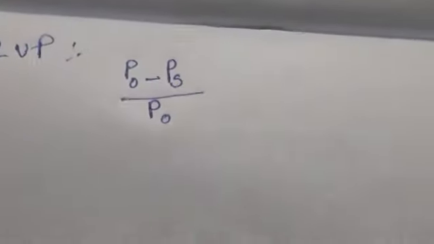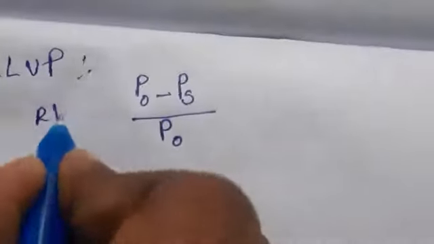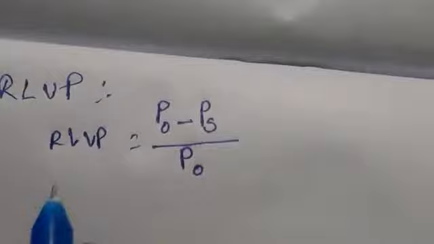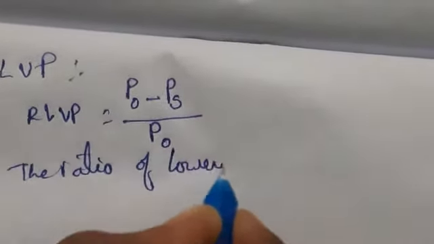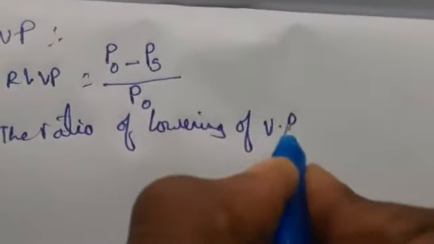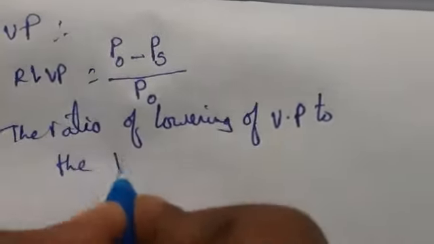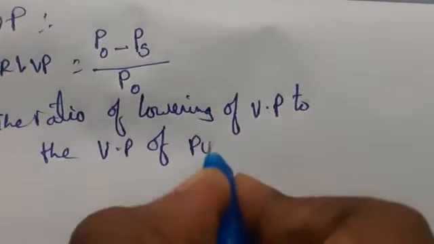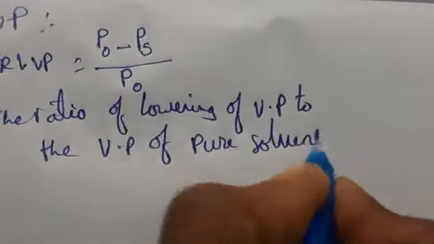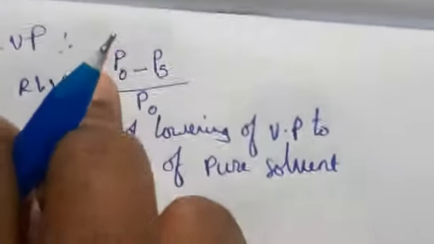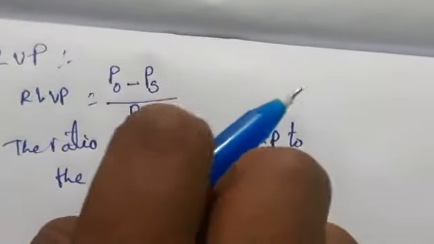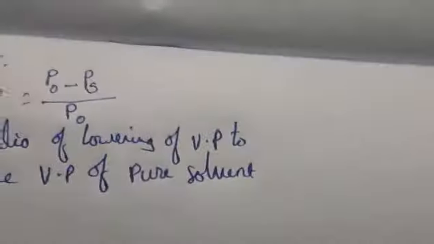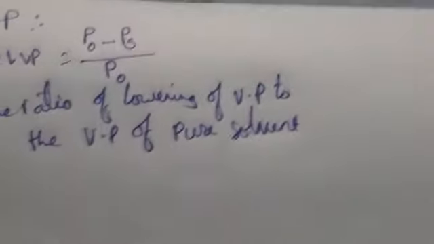We call it relative lowering of vapor pressure, RLVP. Here P naught minus Ps indicates the lowering of vapor pressure, and the ratio to the pure solvent's vapor pressure is the relative lowering of vapor pressure.